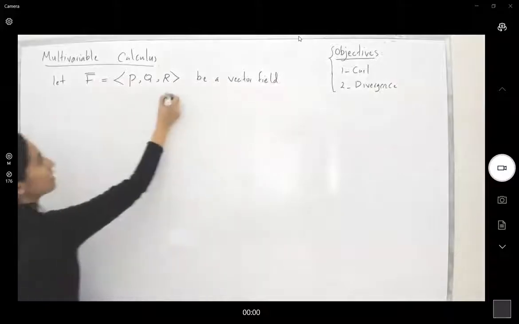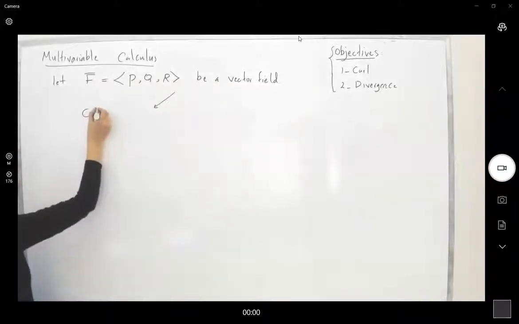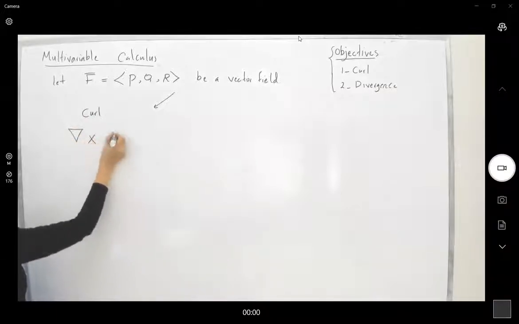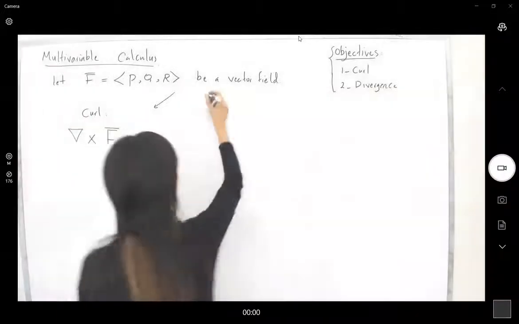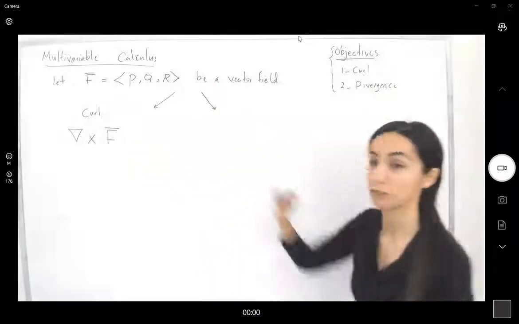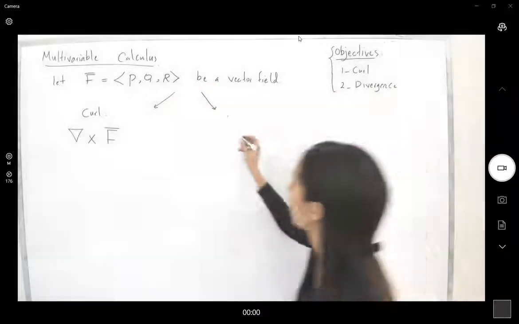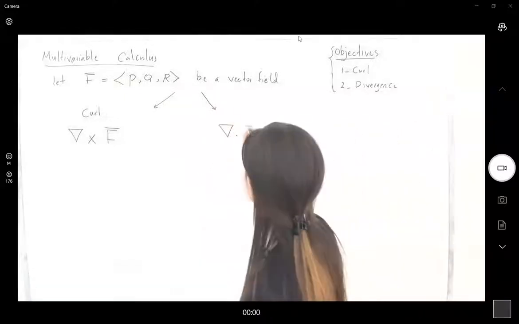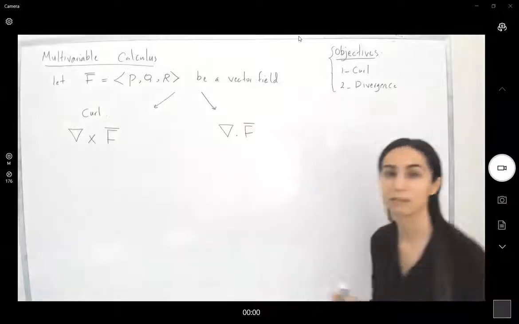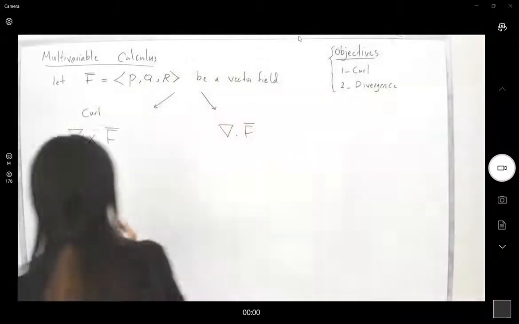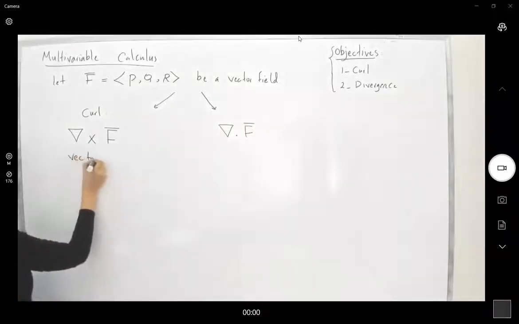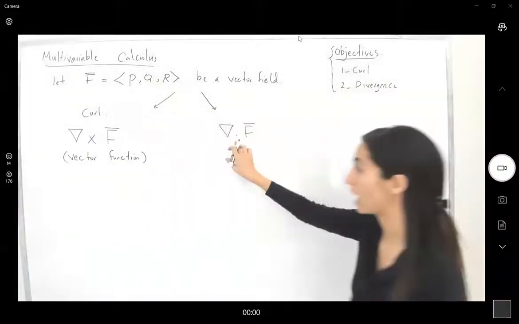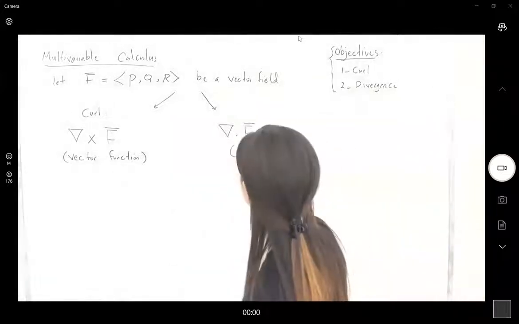Then we can define the curl as the gradient cross vector field F, which gives you another vector function, and also the dot product between the gradient and the vector field, which results in a scalar function. So this is a vector function, and this side, since you have a dot product, we get a scalar function.